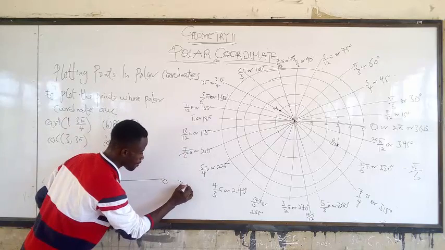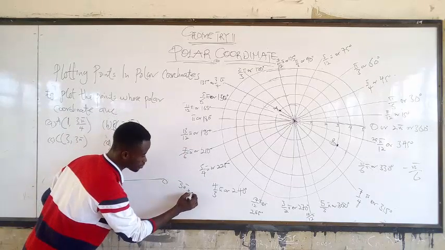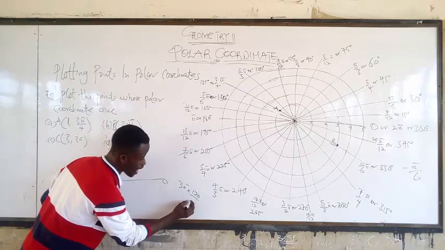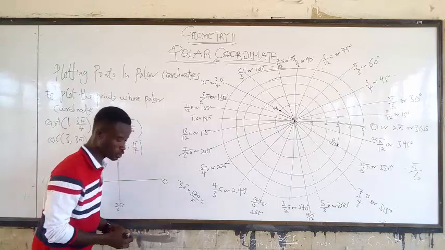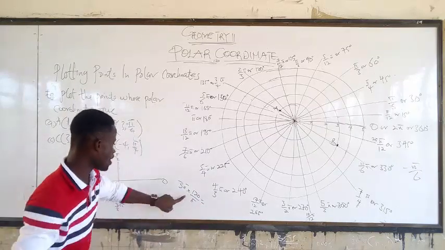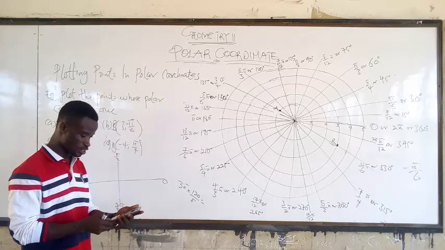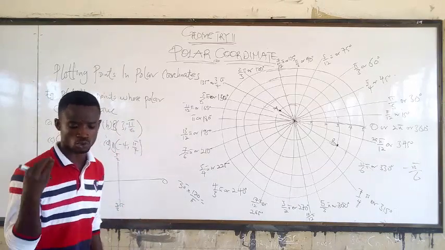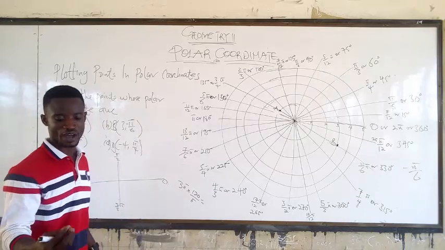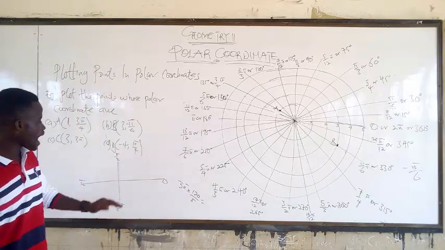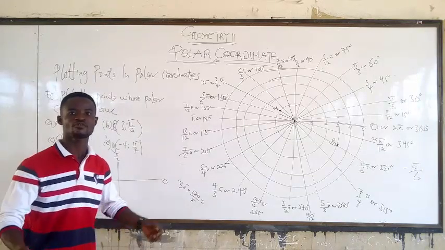Now 3 pi, let's change it to degrees and see what you get. So 3 pi times 180 over pi. What will you get? The pi will cancel. So 3 times 180. Wow. 540. So 3 pi is the same as what? 540.